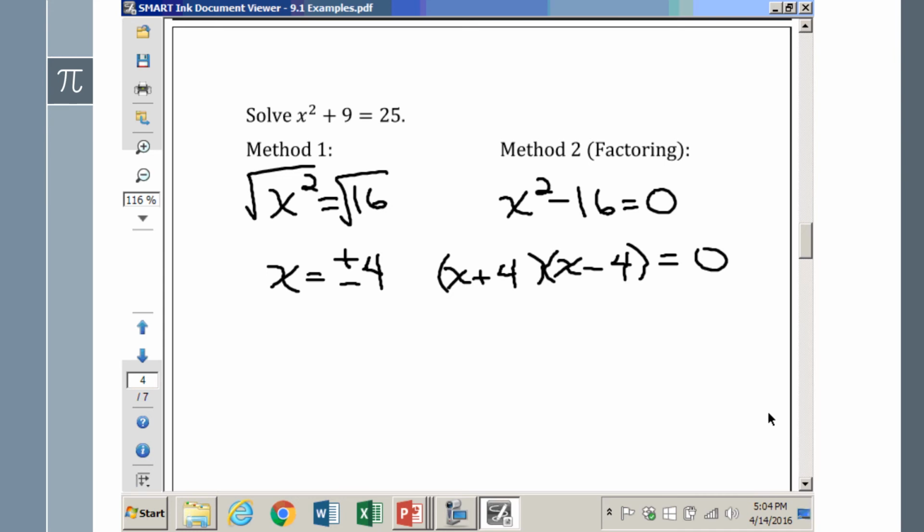Now we set each of those factors equal to 0, and we end up with x is equal to both positive and negative 4 again. Both methodologies work well, especially if you're unfamiliar with your perfect squares and you need to do some factoring work. Okay, depending on what happens with either situation, you should not have any problem learning this method.